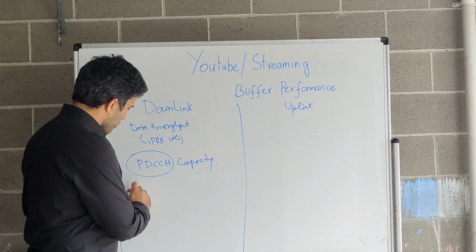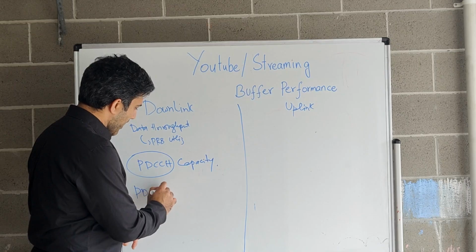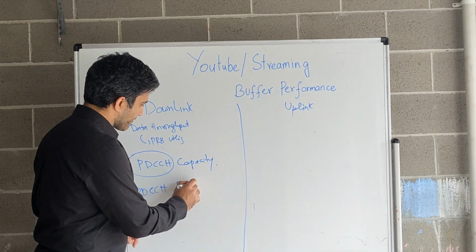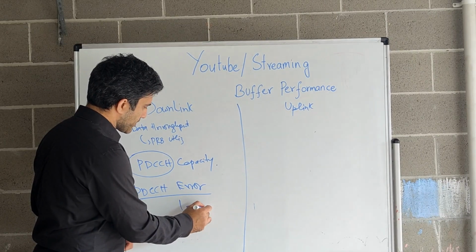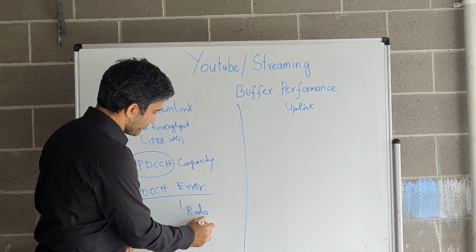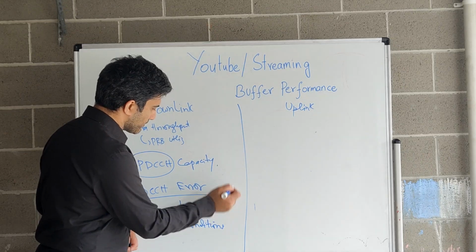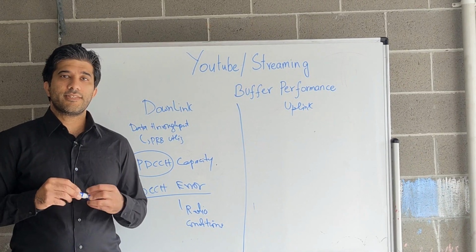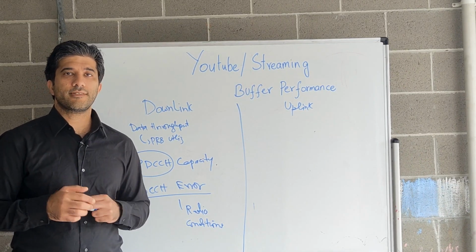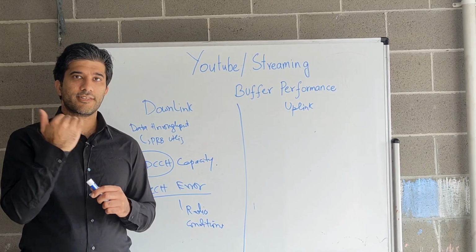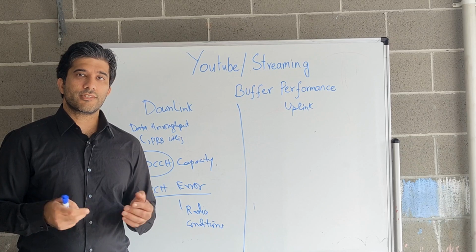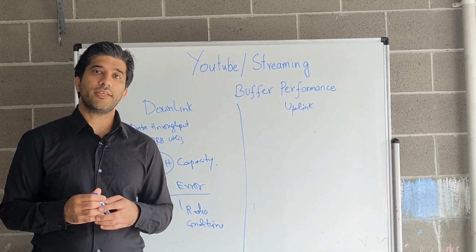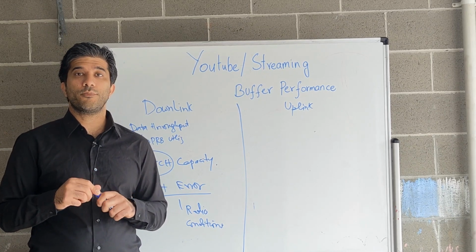Another aspect is your PDCCH error, which is linked to your radio conditions. If you have a high PDCCH error rate, the scheduling grants will go to your UE, and those scheduling grants will not be received or acknowledged properly.